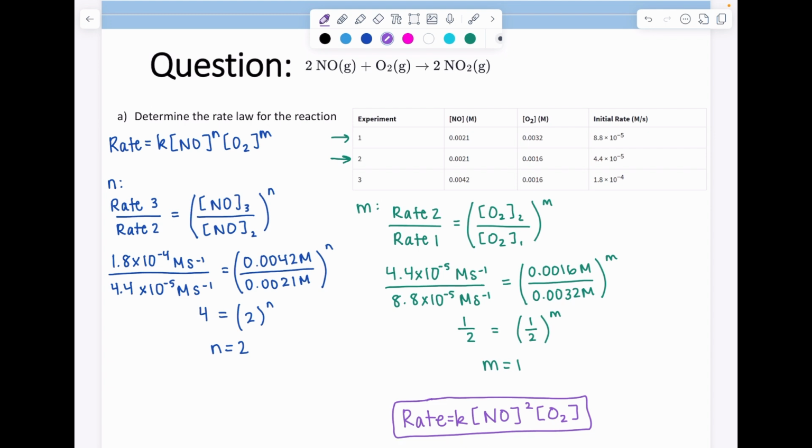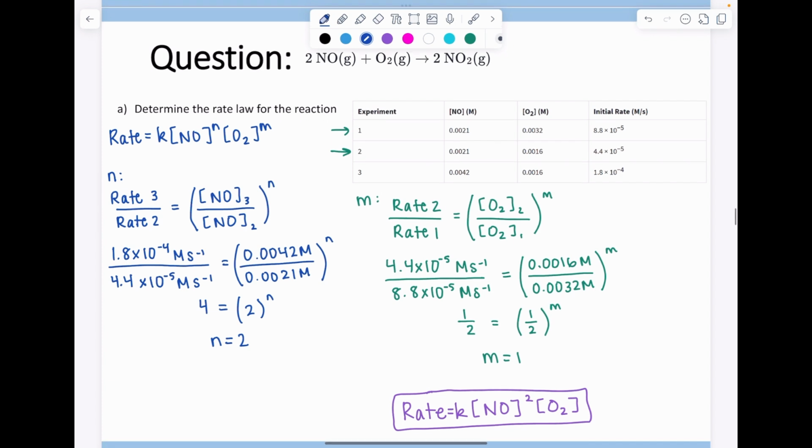I said something earlier, I want to write it down. When we talk about NO, for example, when the concentration of NO doubled, the rate quadrupled, so that implies that the reaction order is 2.